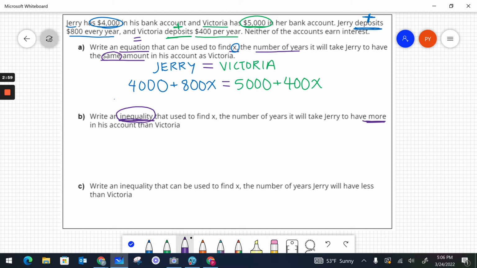You can have a less than symbol, or you can also have a greater than symbol.